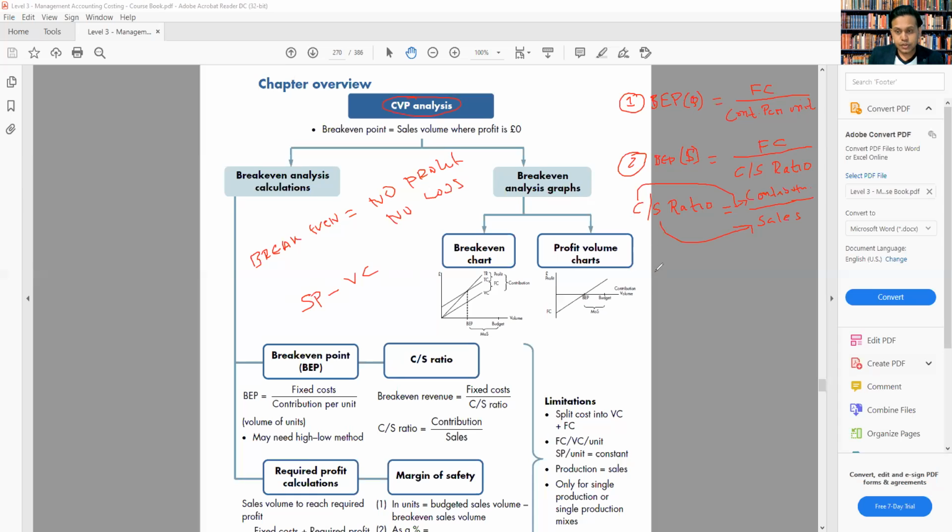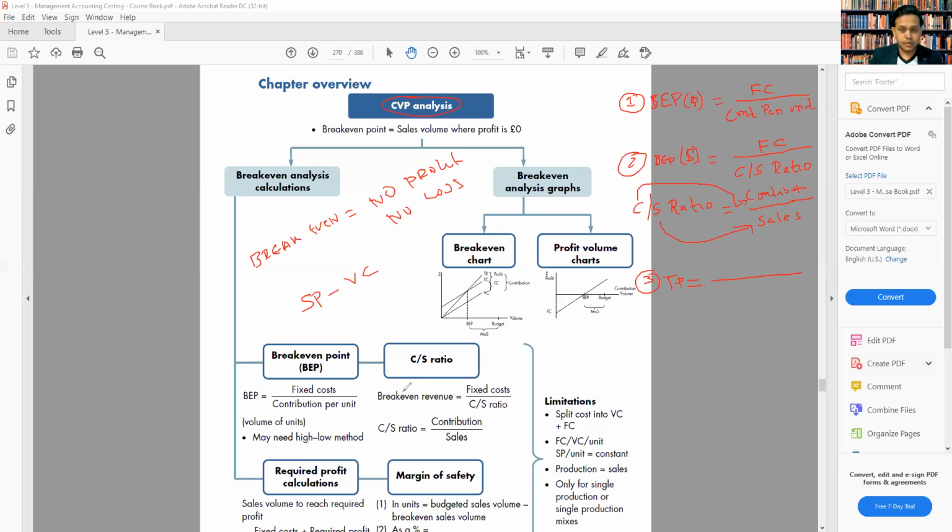The next one I'm going to write is the formula for targeted profit. TP means targeted profit.